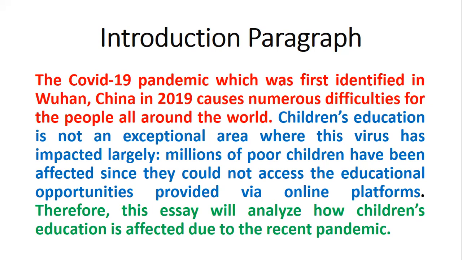Millions of poor children have been affected since they could not access the educational opportunities provided via online platforms. Third sentence, therefore, this essay will analyze how children's education is affected due to the recent pandemic.